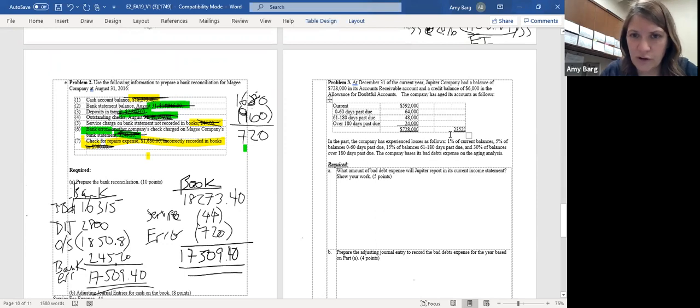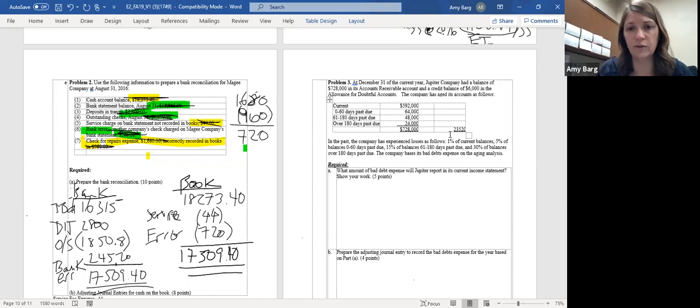We'll start fresh there. Okay, so this is the information that they give you. This last question is asking you about bad debt expense. So they're going to give you an aging of receivables. It's going to tell you how much is current, and then there's going to be certain amounts of past due.